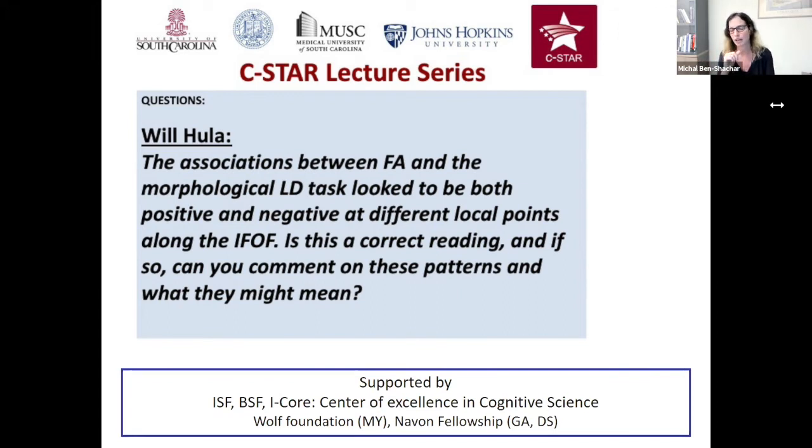This can happen when you switch from anisotropy to mean diffusivity, of course, and when you switch from a reaction time measure to an accuracy measure. But no matter how you do it, I would say that the direction of association is not something that we can really rely on when we interpret these findings. In the past, and this is not specific to these findings in reading as well, we've seen negative associations with anisotropy in many different pathways.